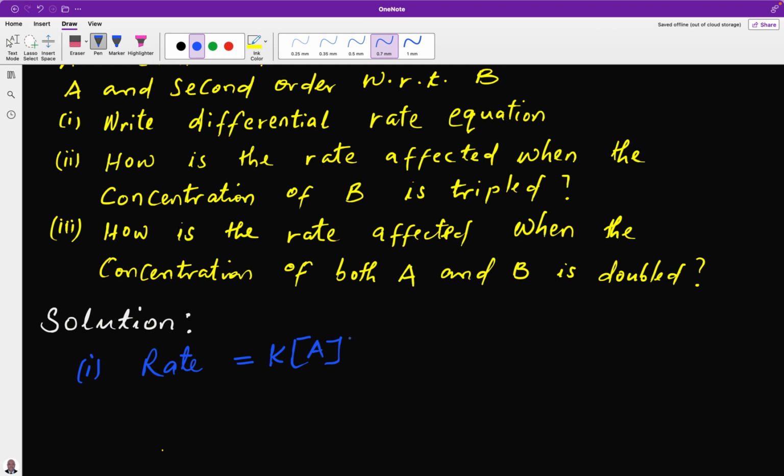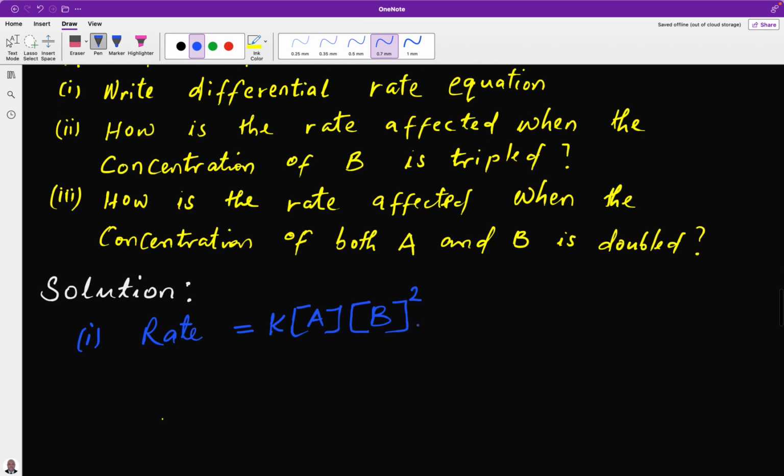Then second order with respect to B means raised to the power 2, times the concentration of B raised to the power 2, because it is second order. That is what is expected. Rate is equal to K[A][B] squared.